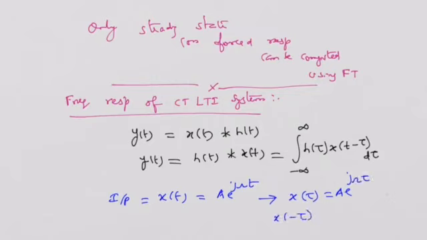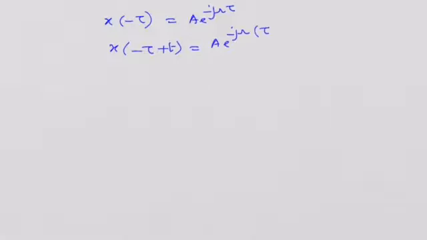When it is folded, this will become a e power minus j omega tau, so I'll represent this as x of minus tau. If it is delayed further by t shifting, it becomes a e power j omega into t minus tau.